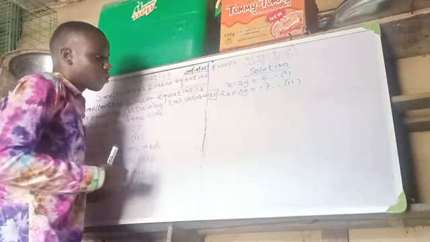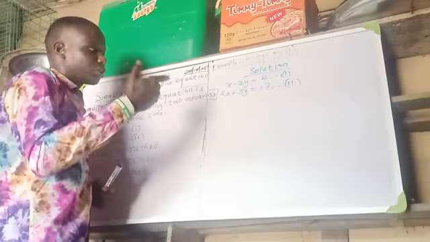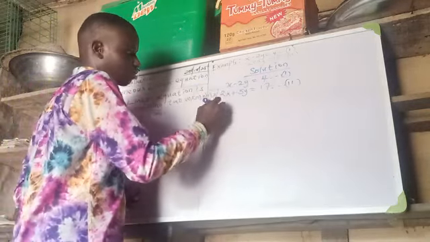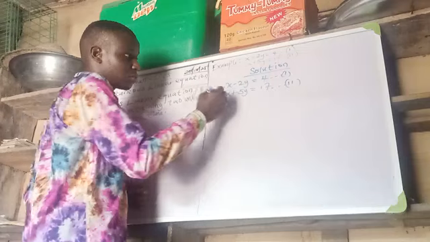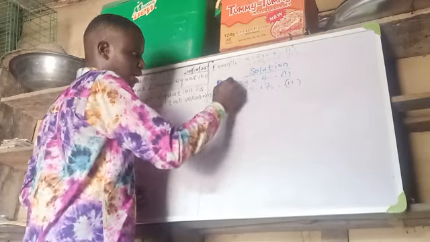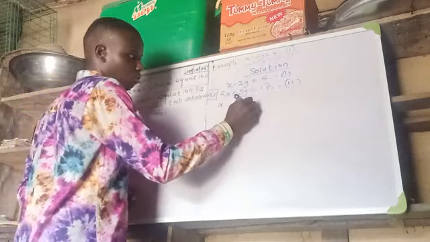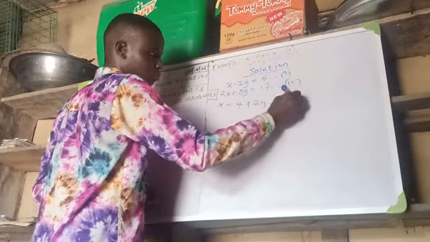I can make use of equation 1 to generate equation 3. I'm going to make x the subject of the formula. I have x equal to 4, minus 2y moved over to the right side becomes plus 2y. So this becomes my equation 3.